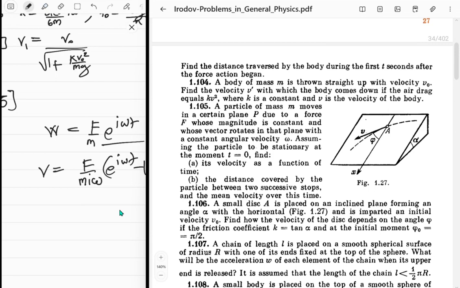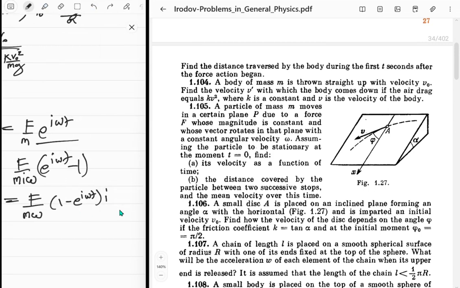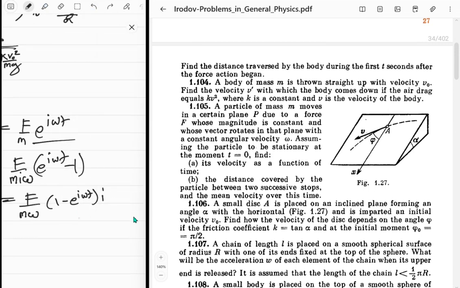Okay, what was the other question for this? The next question, part B, you want the distance covered by the particle between two successive stops. So the magnitude of this velocity integrated over time. First of all, what's the time required for two successive stops?